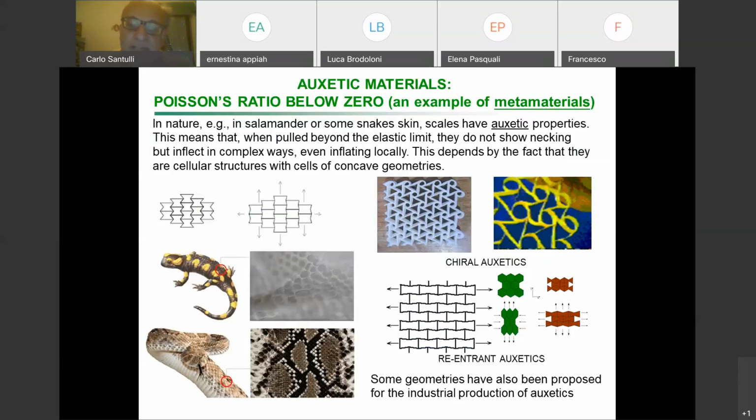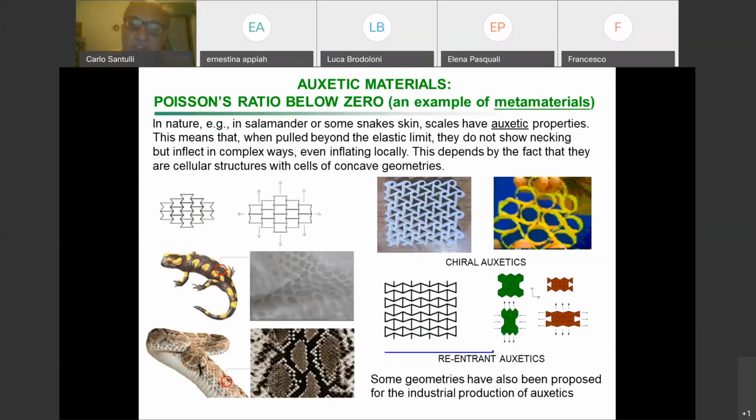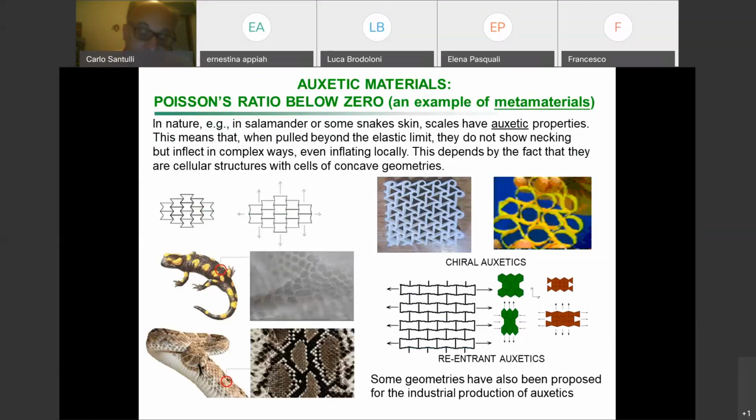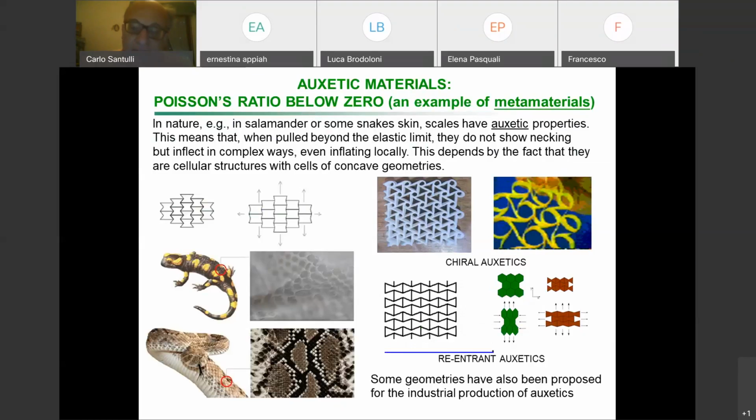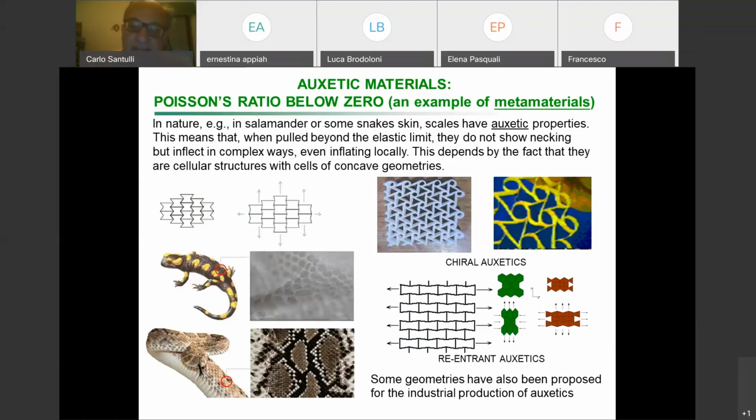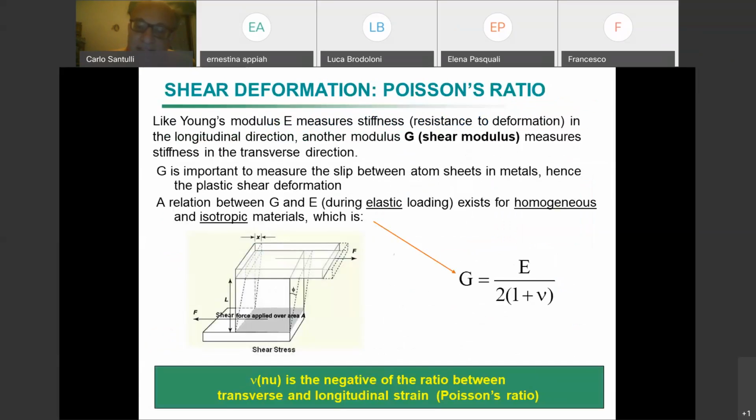For example, a combination of triangles and circles, like in the chiral auxetics, which always show, when pulled, that inflation due to having a Poisson's ratio below 0. In some cases, you can get as far as minus 0.5. And if we go back, minus 0.5 means that you can even have a G equal to E.